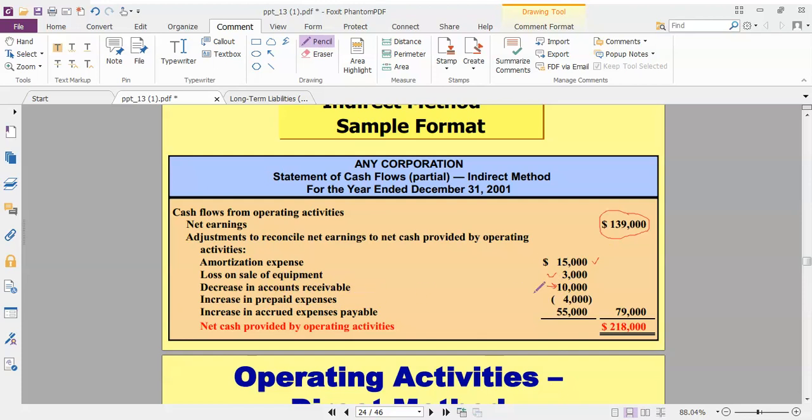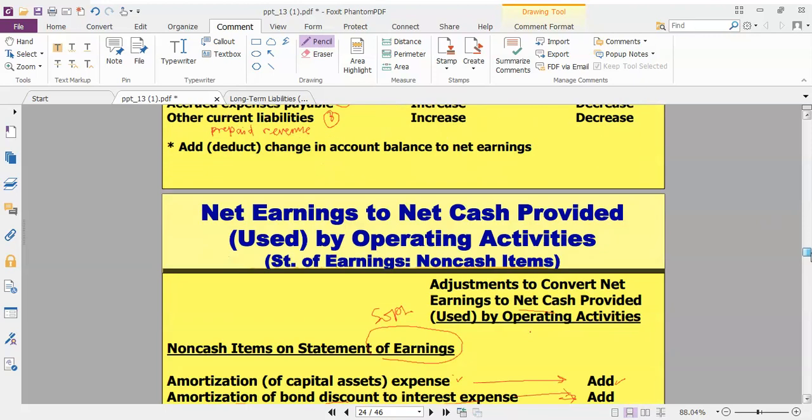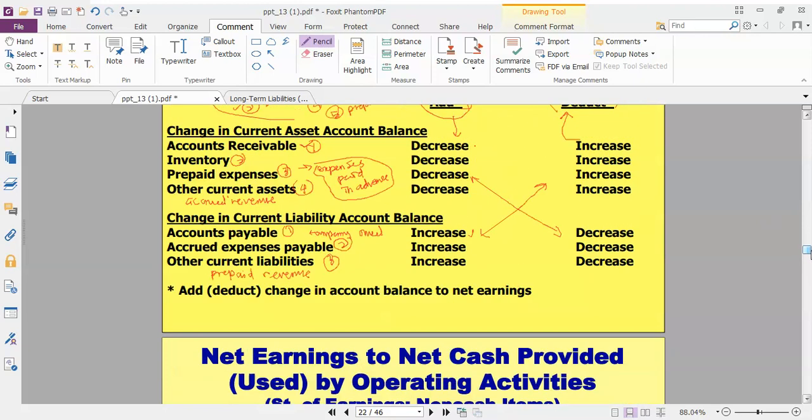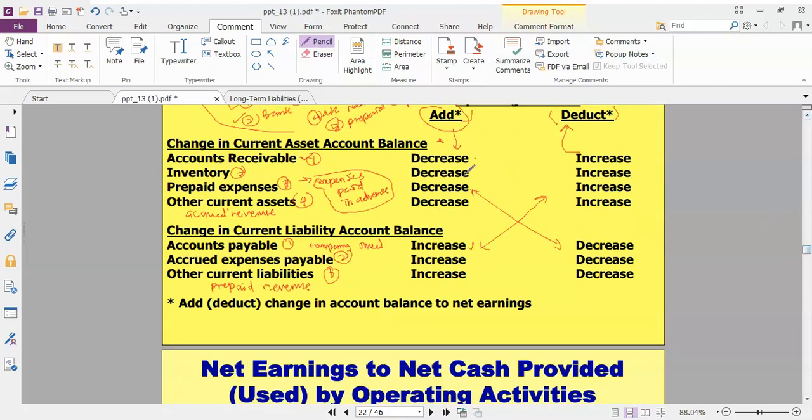When there is an increase in prepaid expenses, you should deduct. And then there is an increase in accrued expenses, you should add on. So how can you identify? You should look at the format here. Where there is a decrease, you must add on. Where there is an increase, you deduct. Look at this, we call it the formula.